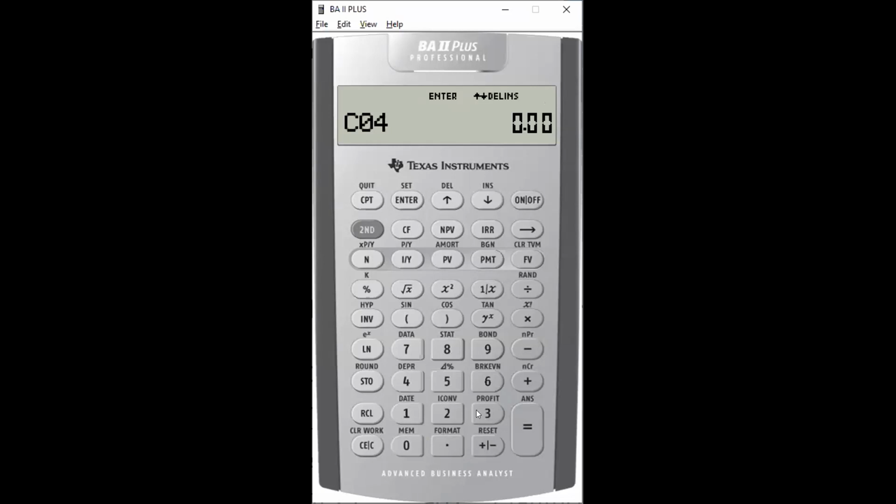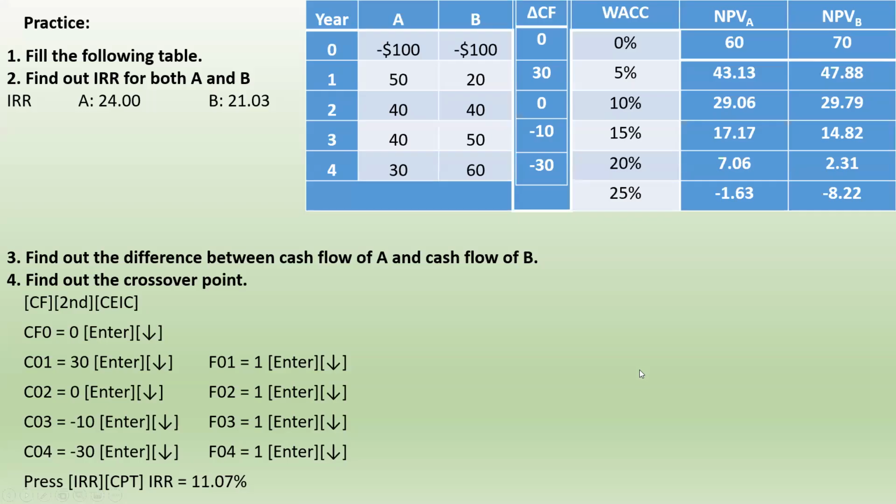And CF4 is negative 30. And then press IRR. We found the crossover point is 11.07%. That means when the weighted average cost of capital equals 11.07%, the NPV of project A equals the NPV of project B.